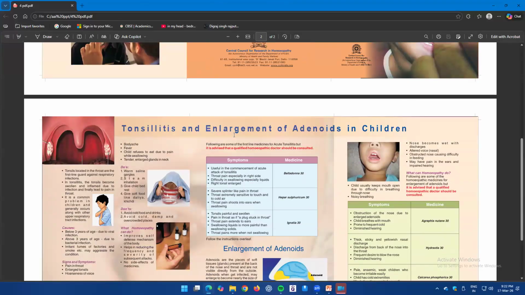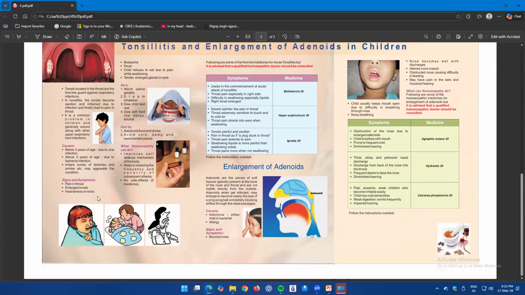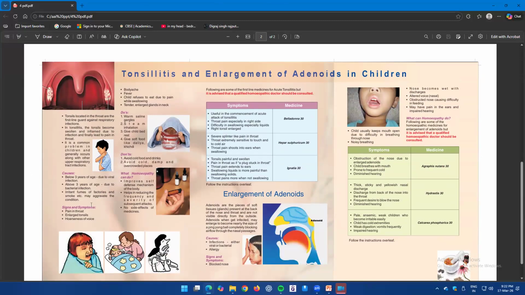Now, this is tonsillitis and enlargement of adenoids, especially in children. We can make out from this picture that the child is suffering from severe tonsillitis, and we can see the exact clinical presentation of a child suffering from adenoids.